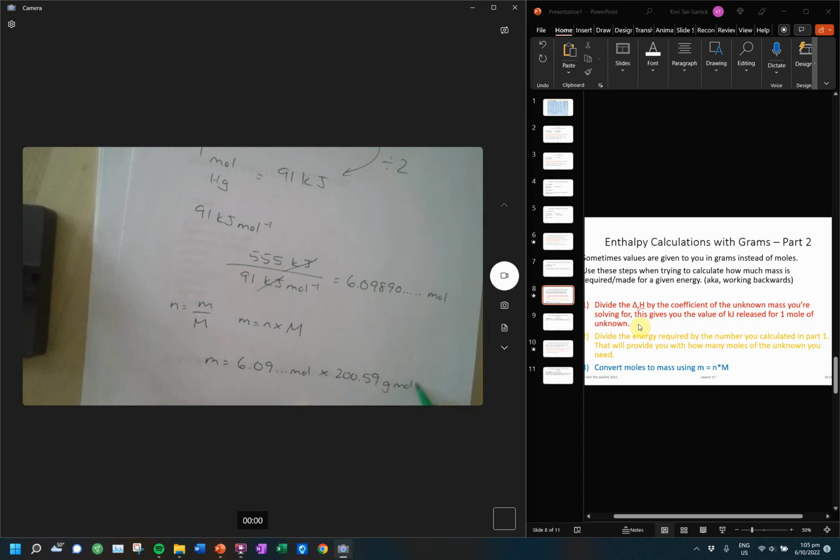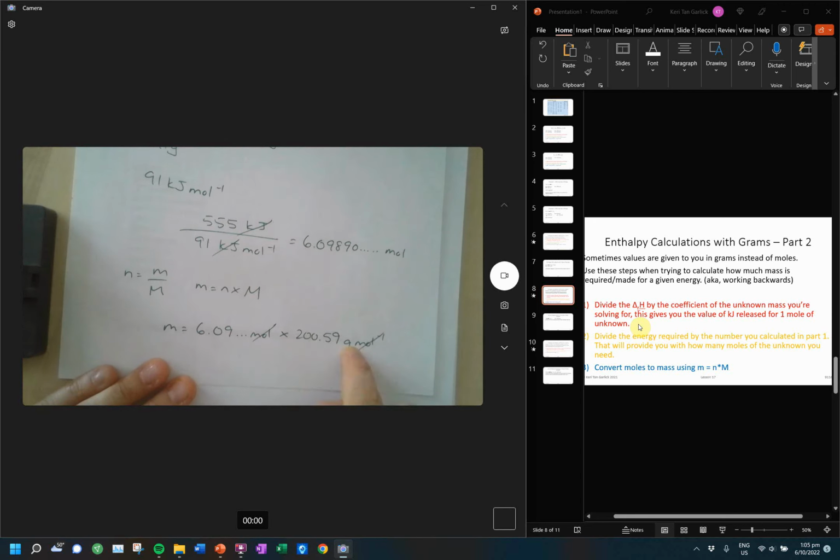All right, so again, check. Moles cancel out. I have grams left over. So if I did that reaction, what I should get is 1,223.348, and there's lots of little numbers behind that. I want to do 3 significant figures, so 1, 2, 3. That's my significant figure.